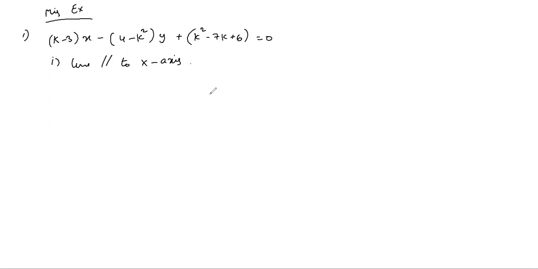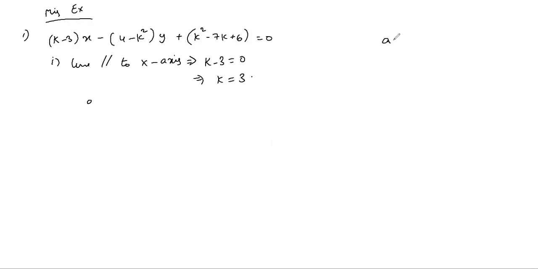Line parallel to x-axis is a horizontal line. What is the form? y equals y1. So the x coefficient is 0. So k minus 3 equals 0, which implies k equals 3.